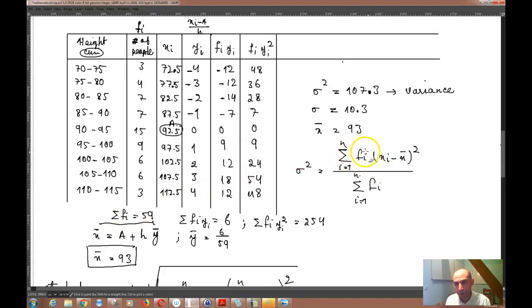Okay, so what that means is that the square of the distances of each of those observations, and when I say each of those observations, I'm taking f of i into consideration, because f of i is multiplied by each of those observations.